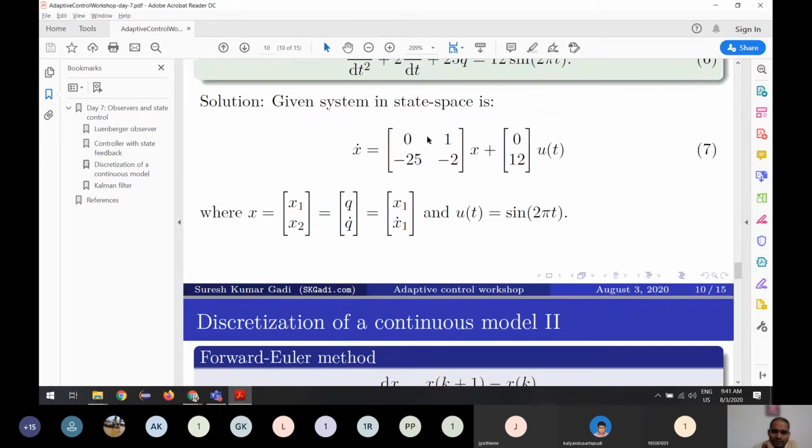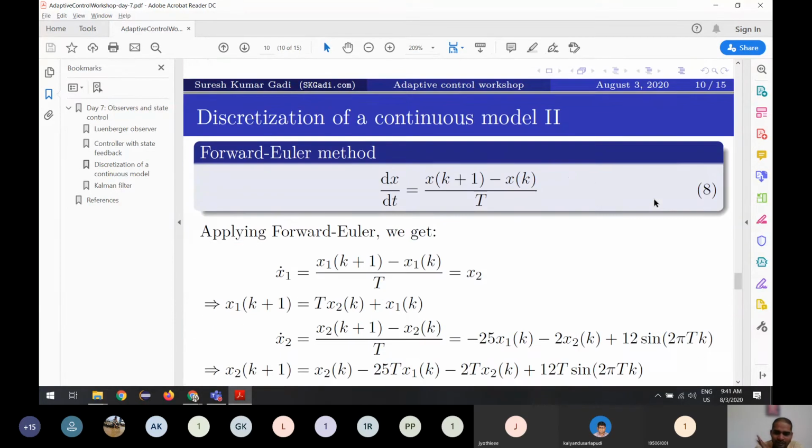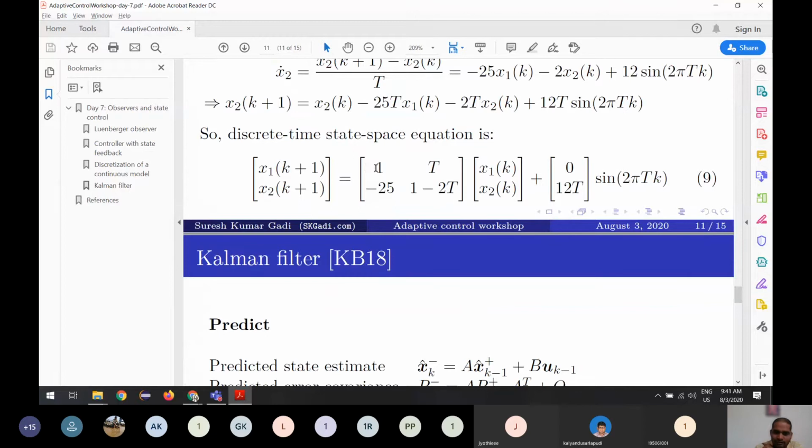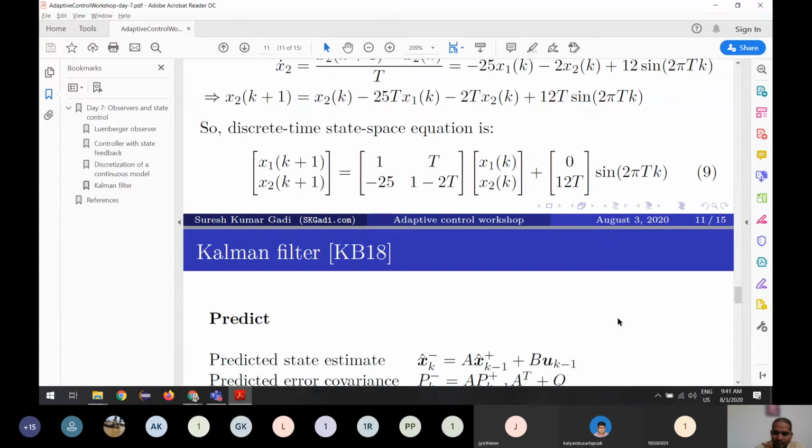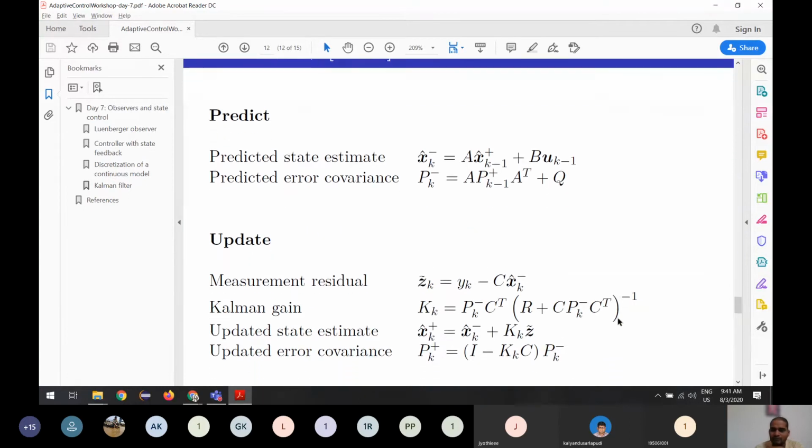The A we are having is [0, 1; -25, -2]. But in the Kalman filter, when we go for the same system, the A is not that. The A is going to be [1, t; -25t, 1-2t]. So the A in the Kalman filter is the discretized version of the continuous model. If we are observing a continuous model, we have to discretize it and then use those as the A, B, C, D. And we are using A, B and C.